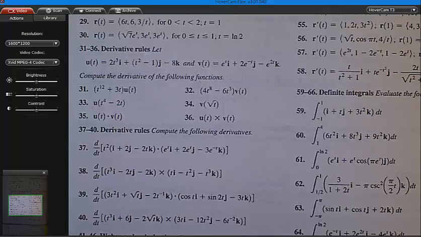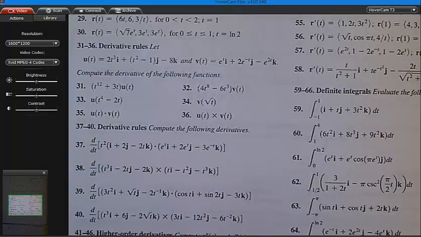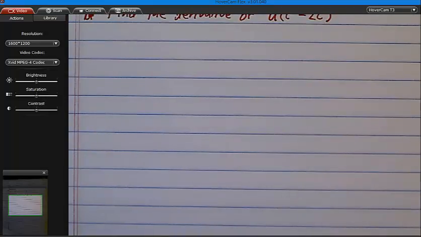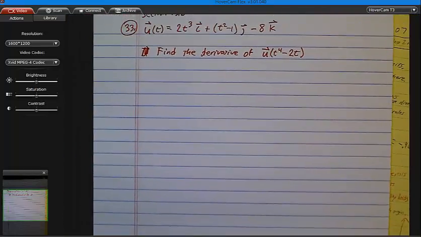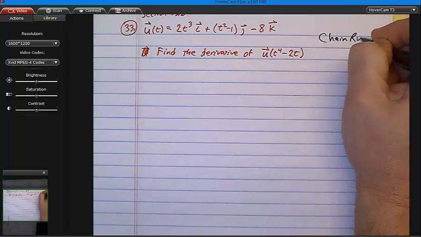But things like 33 and 34, those are chain rules, okay? We might have done 35 or 36 in class that day. That's a product rule using a dot product or a cross product, okay? So yeah, I better zoom back out, but I'm also thinking chain rule is what's involved here, right?